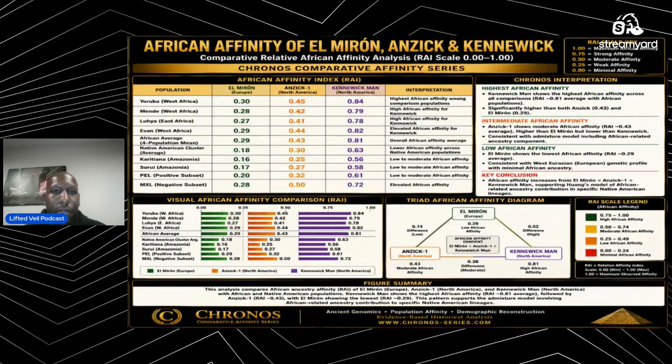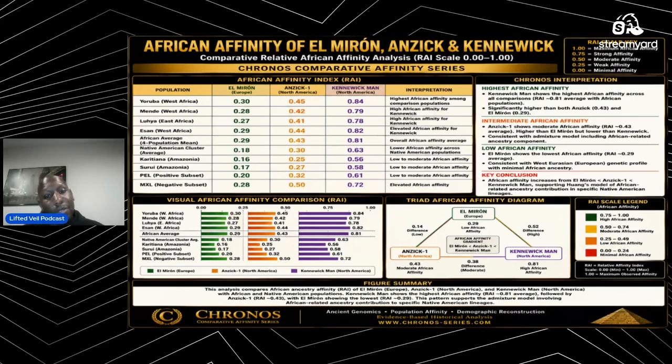African affinity of Elmoran, ANZIC, and Kennewick Man. All right, so Kennewick had the most African affinity. Seems like ANZIC had the second most, which is also very interesting. And I'm going to explain that as I move forward.